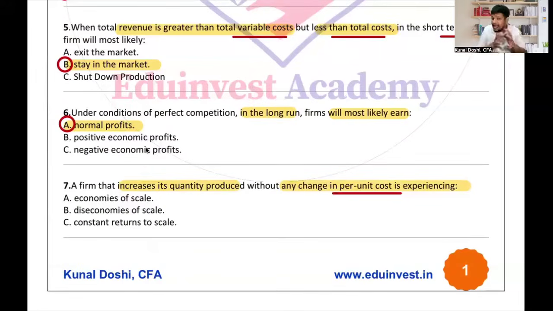If it is neither increasing nor decreasing, it is constant. But if it is increasing, it is diseconomies. So diseconomies when the cost goes up, economies when the cost goes down, constant when it neither goes up nor down. Understood, everyone? Correct.